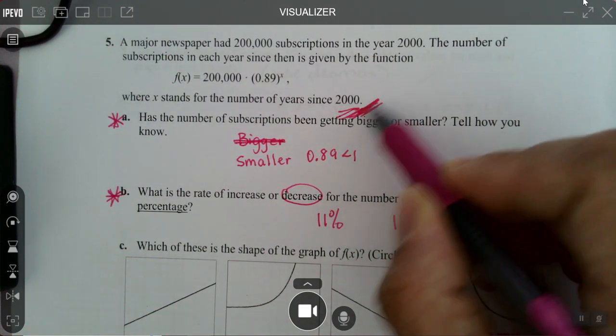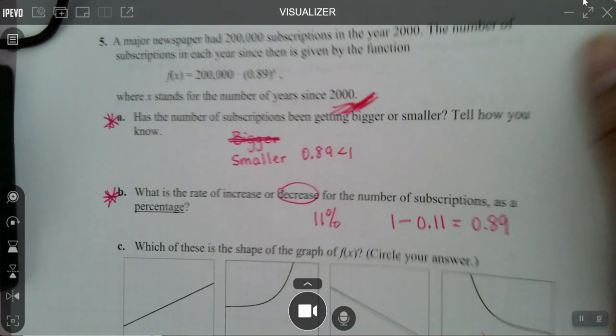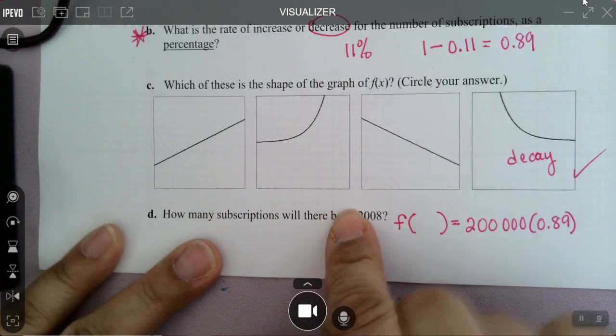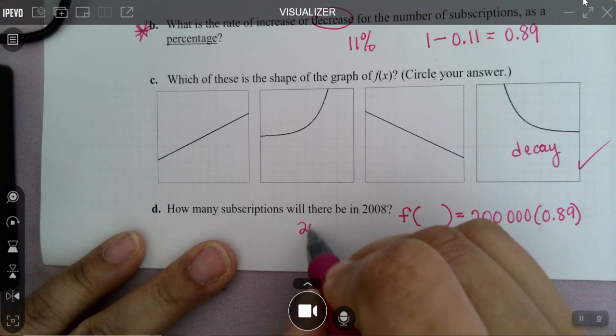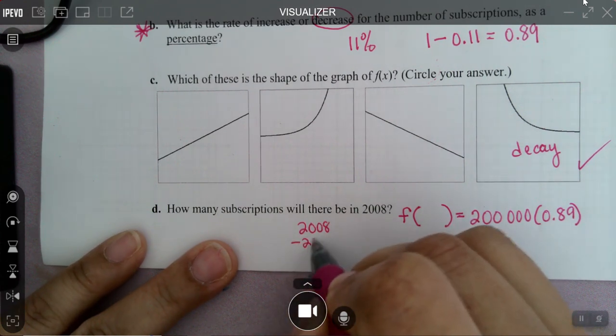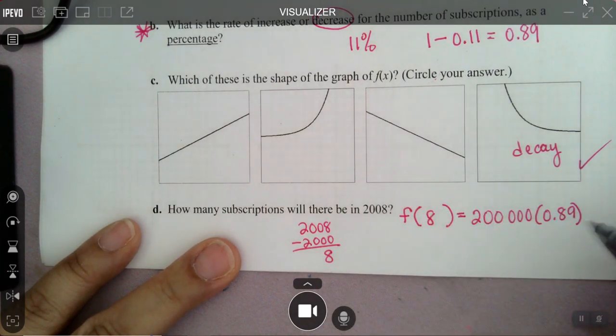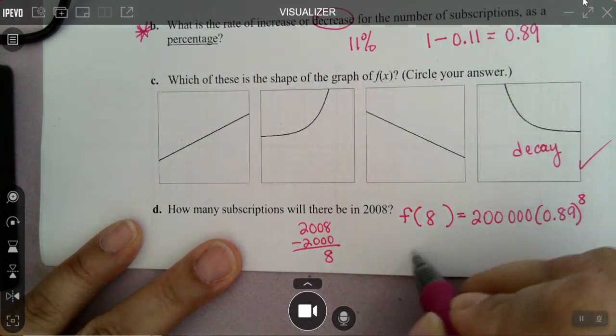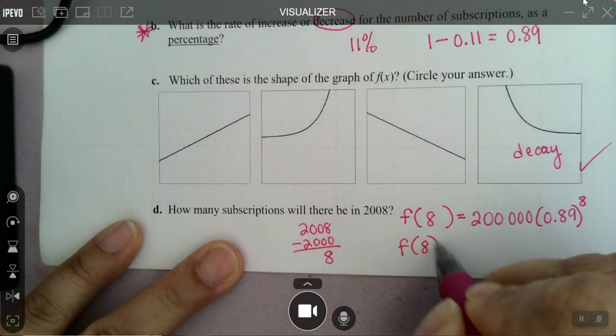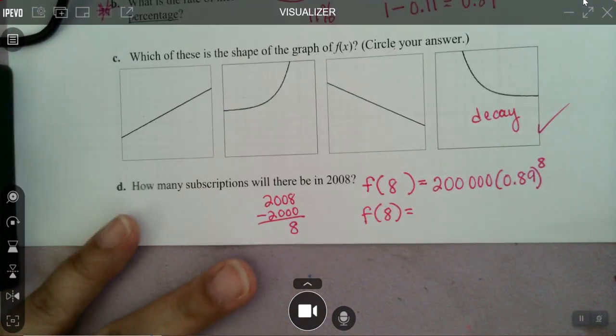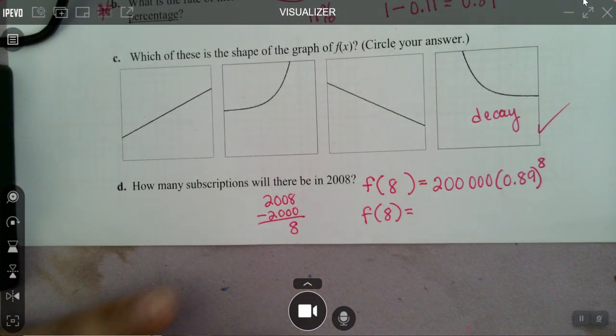The year 0 was what, 2000? So how many years have passed since it's now 2008? 8 years. So you've got to do 2008 minus 2000. So we're doing f of 8. So what? Recalculate.